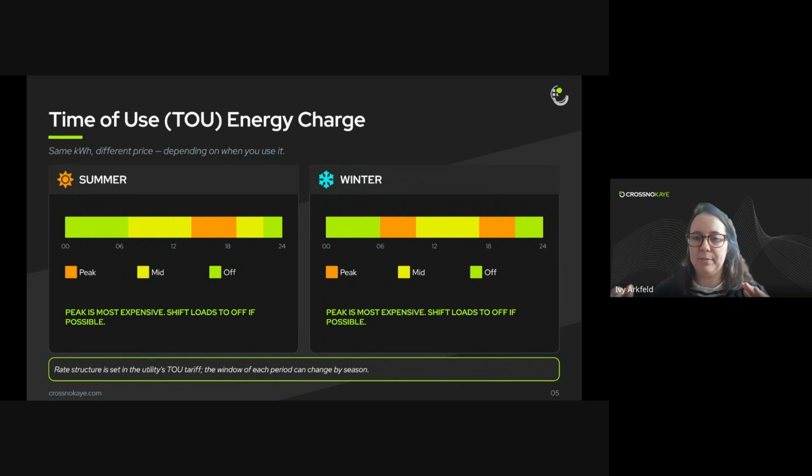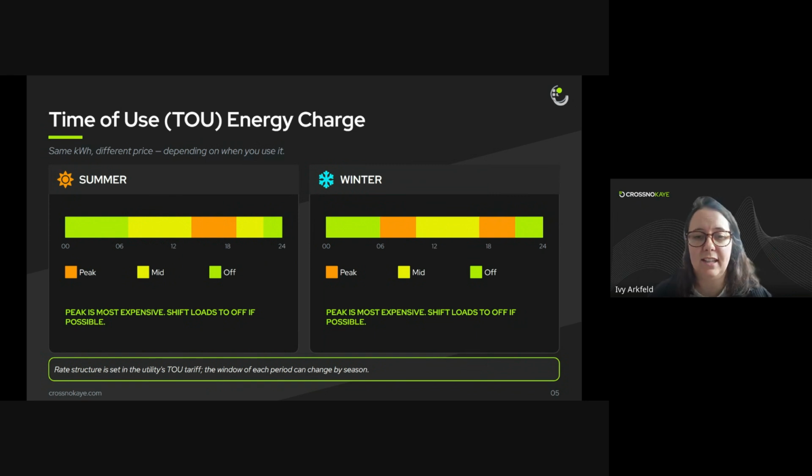It gradually ramps up and ramps down. So you have these other periods that are also higher demand, but they're not as stressed as the peak period. And then you have your off-peak periods. These are going to be your cheapest times to use energy because there's not as much stress. So the idea is we want to shift as much load away as possible from those more expensive periods. Most important time period to skip out and avoid using power is that peak period. Then secondary is your mid, and then your off-peak periods is when we do want to use energy.